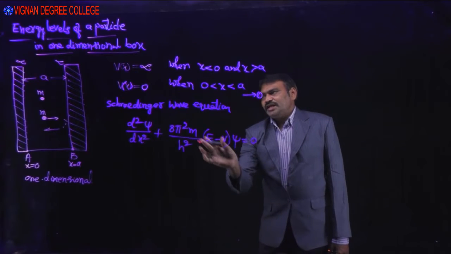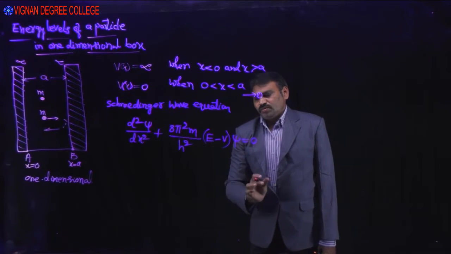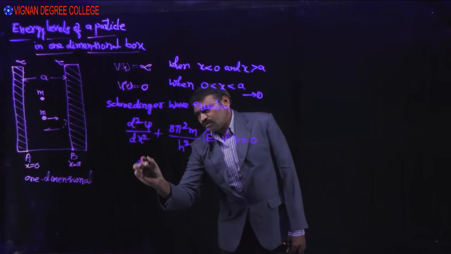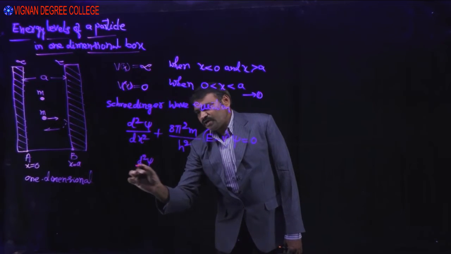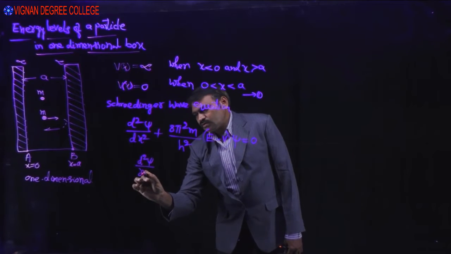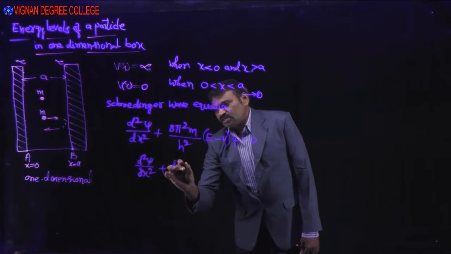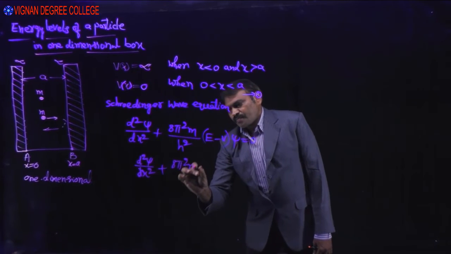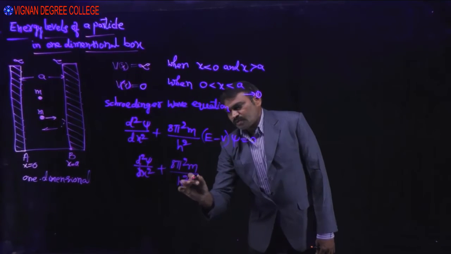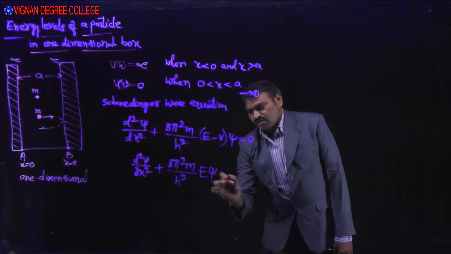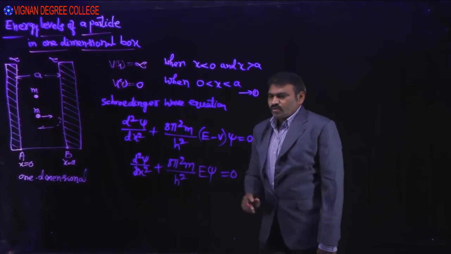Here the potential energy is 0. By substituting V is equal to 0, the equation becomes d square psi by dx square plus 8 pi square m by h square into E minus 0 into psi is equal to 0.